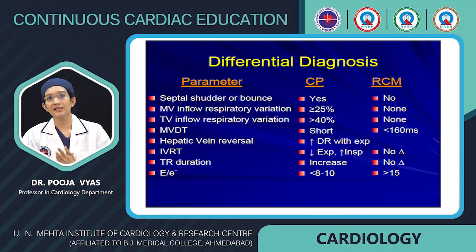And the E/E' ratio is more than 15 in restrictive cardiomyopathies, while it will be less than 8 to 10 in cases of constrictive pericarditis. This is how we differentiate on the basis of echocardiography.